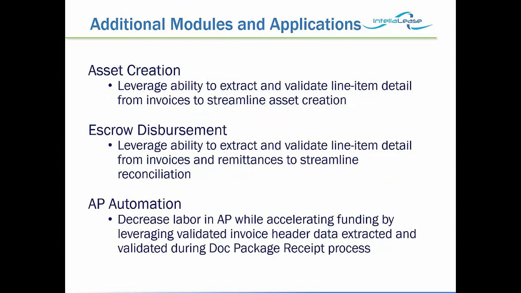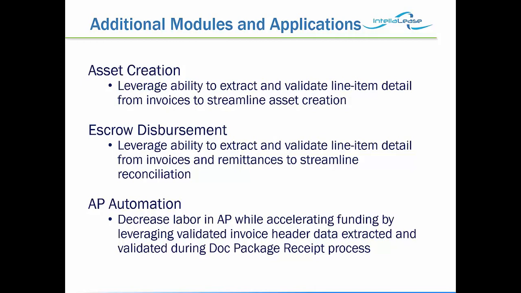Other modules and needs that we've seen and that we're addressing are asset creation. If you're in the mid-ticket segment of the market and you have invoices that have many line items, we can leverage the same technology to extract and validate the line item detail from those invoices to streamline asset creation.